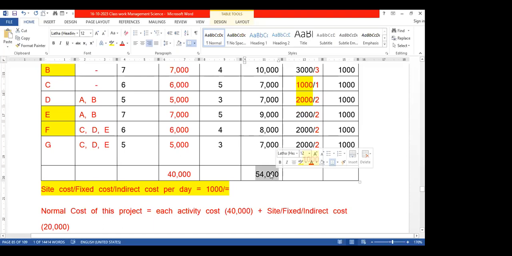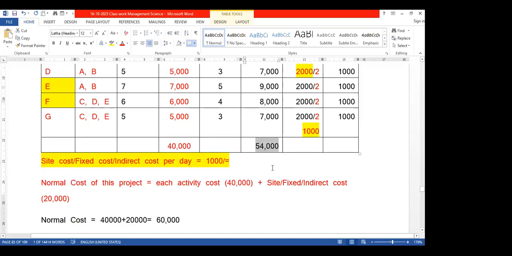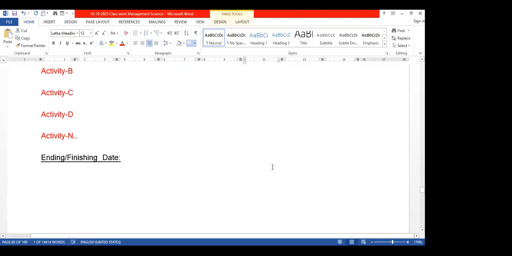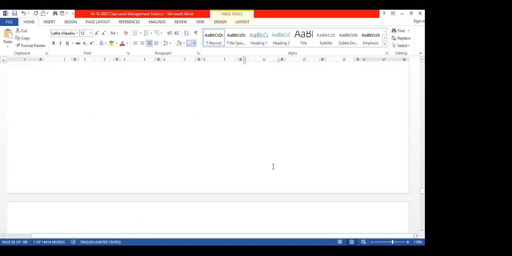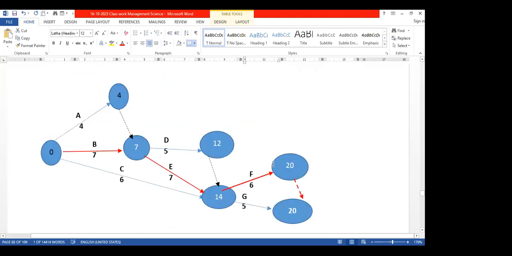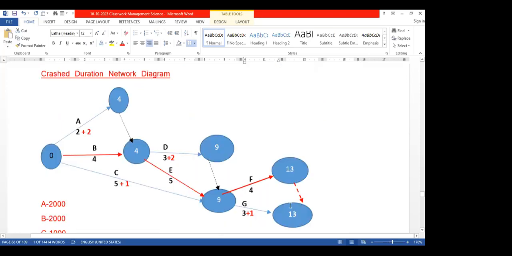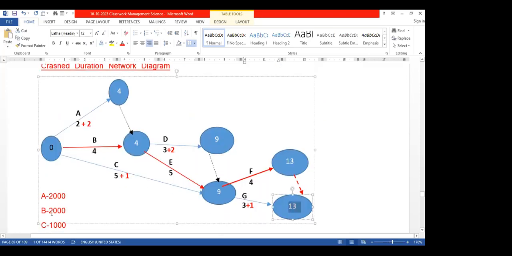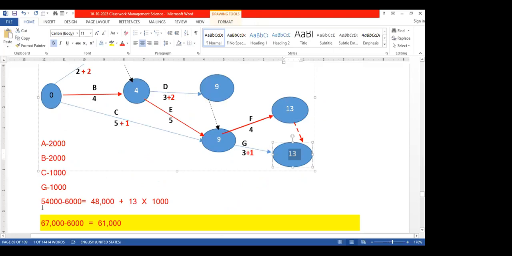So the minimum duration we can easily calculate. You see the minimum duration is 13 days. 13 days we can calculate. But now according to the statistics, you see this is 67,000, right?